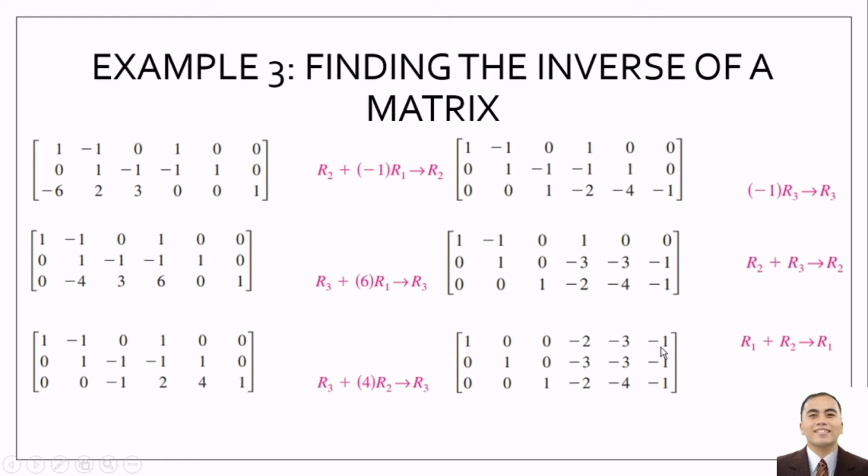So as you can see, this is now the identity matrix or this is now the I. So the resulting or the final matrix is 1, 0, 0, negative 2, negative 3, negative 1, 0, 1, 0, negative 3, negative 3, negative 1, and 0, 0, 1, negative 2, negative 4, and negative 1.